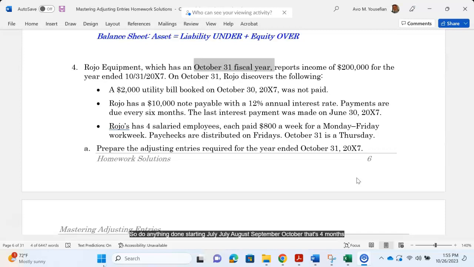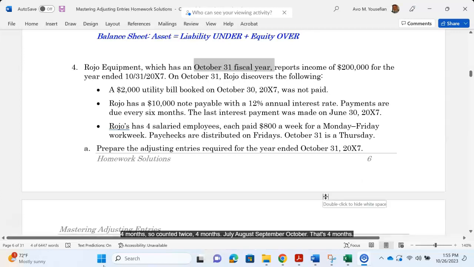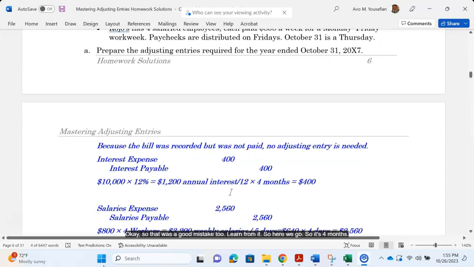June is done, starting July. July, August, September, October. That's 4 months. So count it twice. That was a good mistake to learn from. So it's 4 months, and 4 months of interest expense should be recognized. That's $400, and interest payable will be recognized for $400.